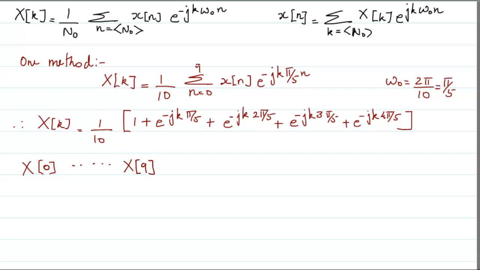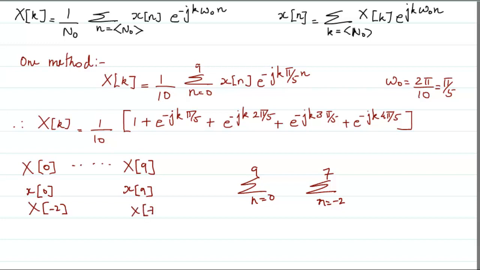Because the period is from small x of 0 to x of 9. Now if instead the summation went from n is equal to minus 2 to 7, as I had previously told, then all you have to do is calculate from x of minus 2 all the way to x of 7.